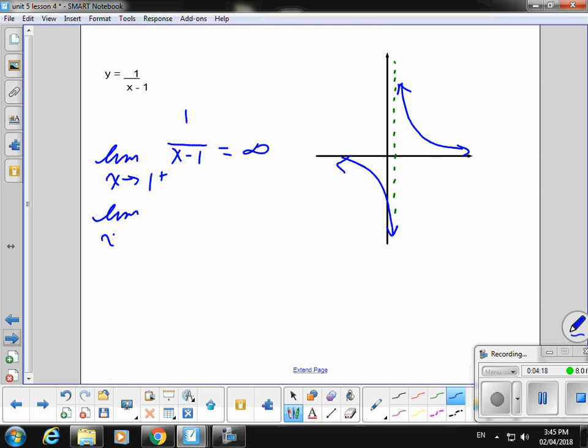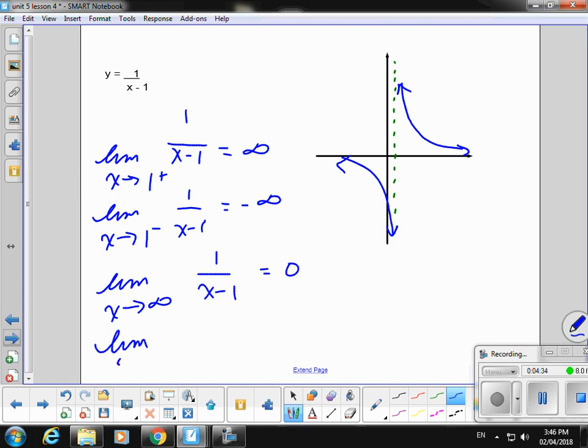As I approach 1 from the left, I approach negative infinity. And as I go to the right forever, I get closer and closer to 0. And again, to negative infinity, I get closer and closer to 0.